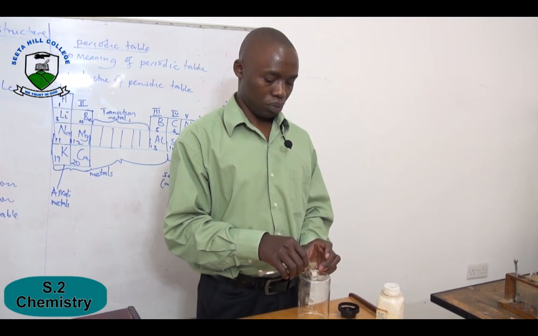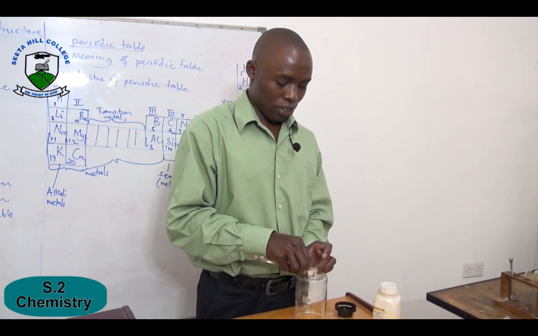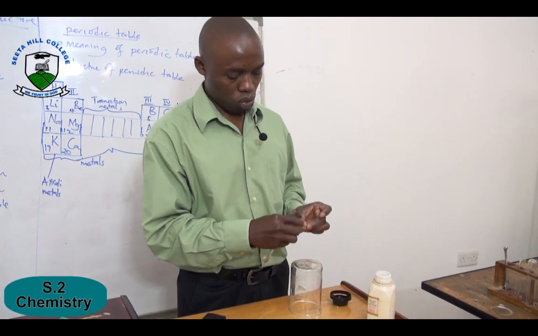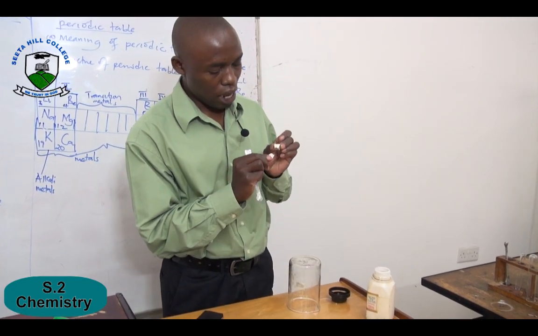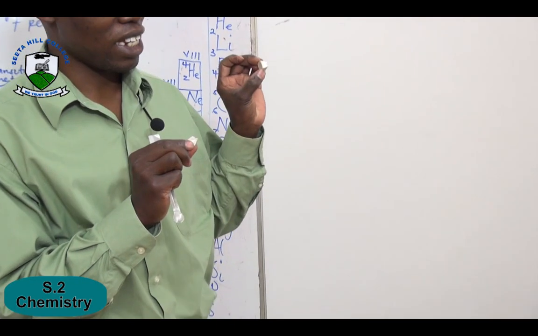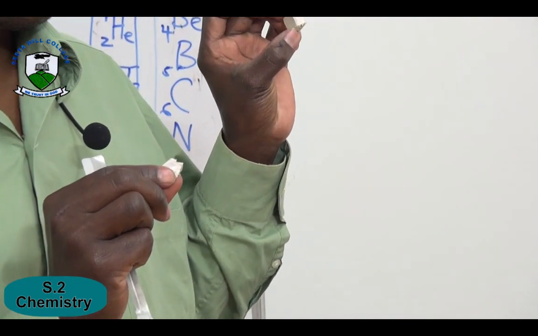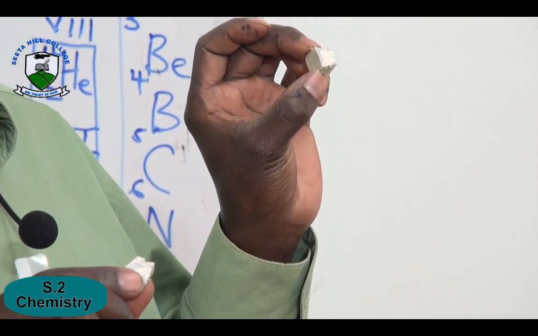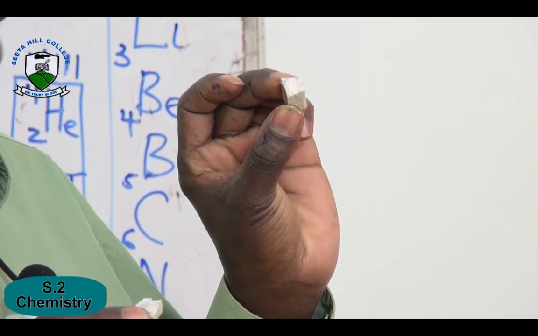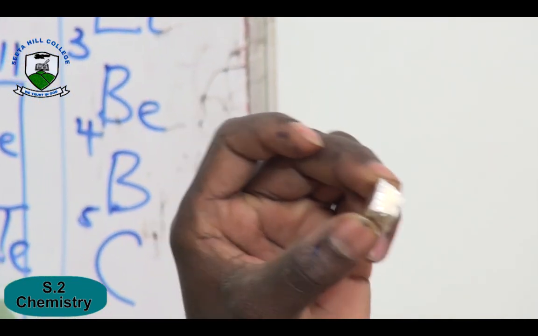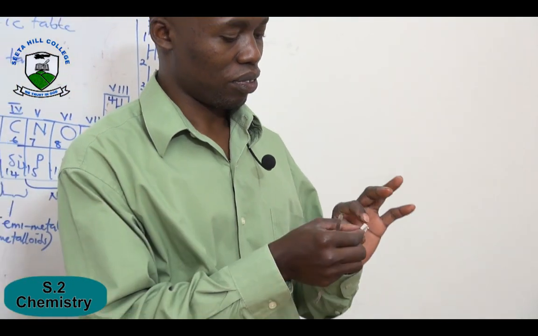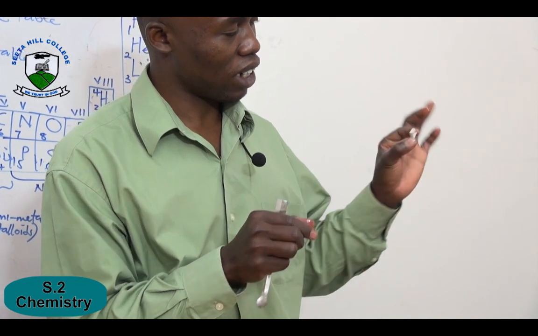So if we cut this sodium metal and you look here, it has a shiny luster. That shiny appearance, we call shiny luster. You see that it's shiny. Which color is that, if freshly cut? Which color is it?